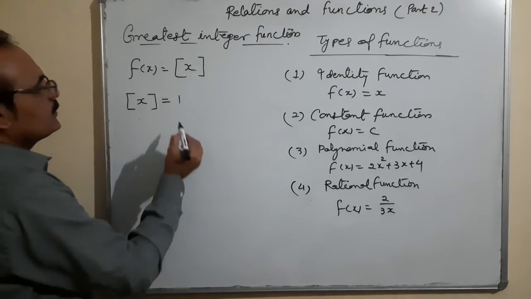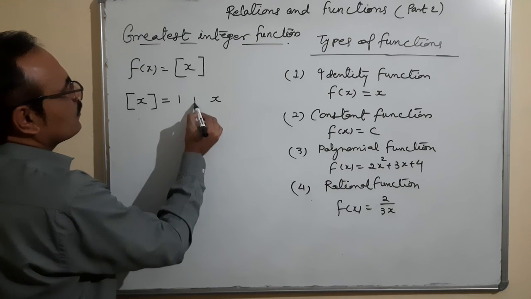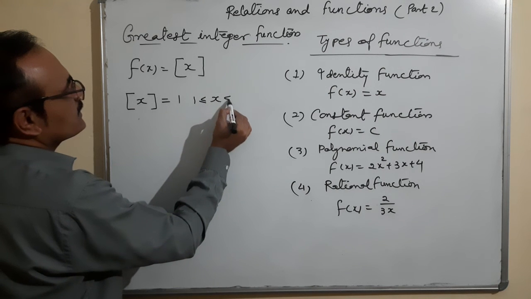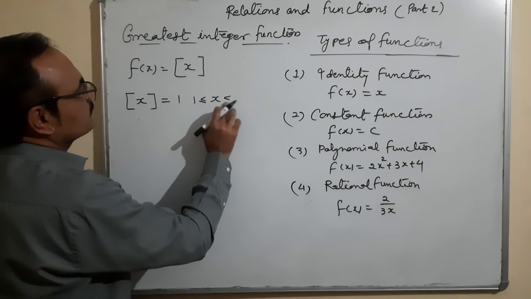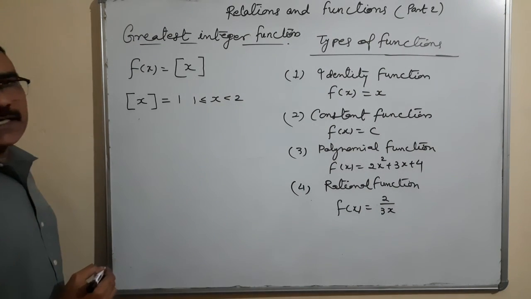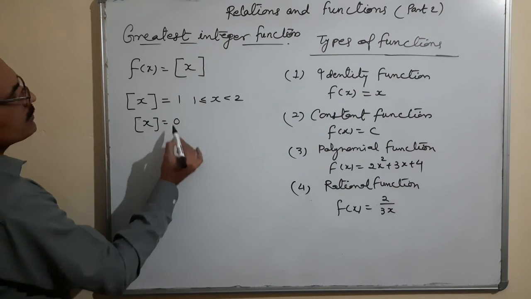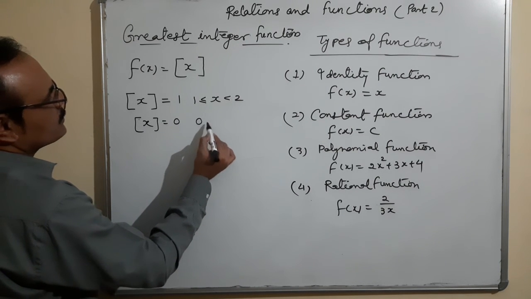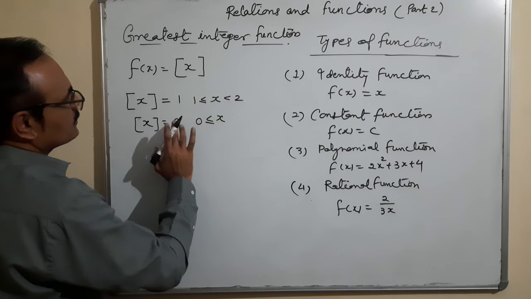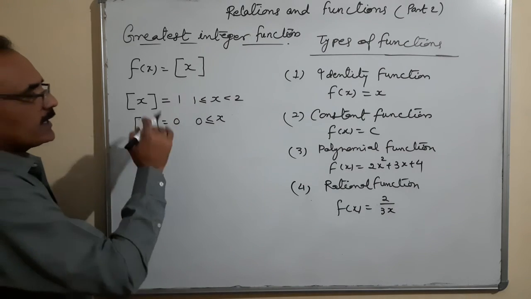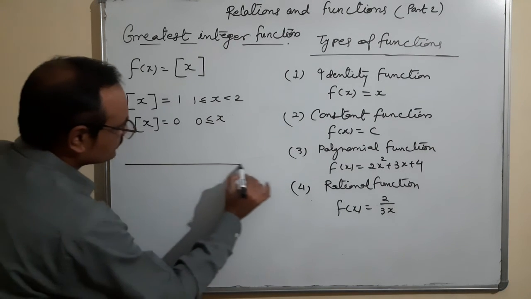So the value of x lies where 1 is less than or equal to x, strictly less than 2. I'll tell you what is the meaning of it. If I write this is equal to 0, that means 0 is less than or equal to x. 0, 1, 2, 3, to the left the number. Just a minute, let me explain: I am writing here the number line.